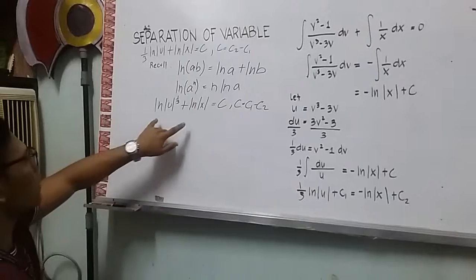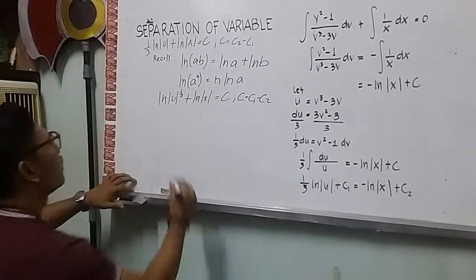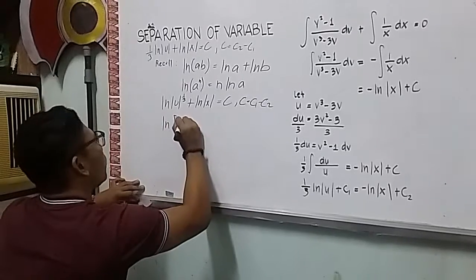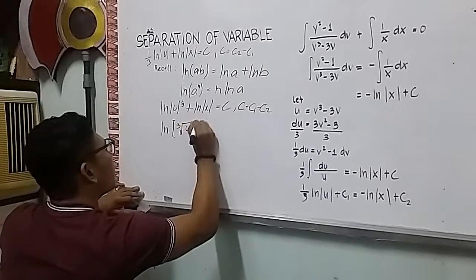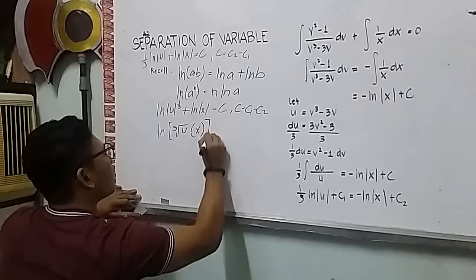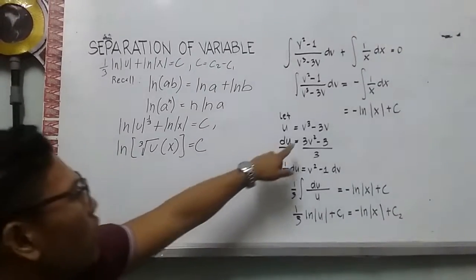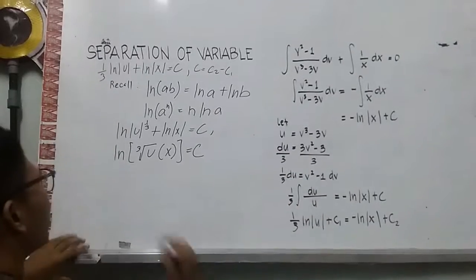So let's transform this equation using this property, which is ln of the cube root of u multiplied by x equals c. Then let's substitute u, which is v cubed minus 3v.